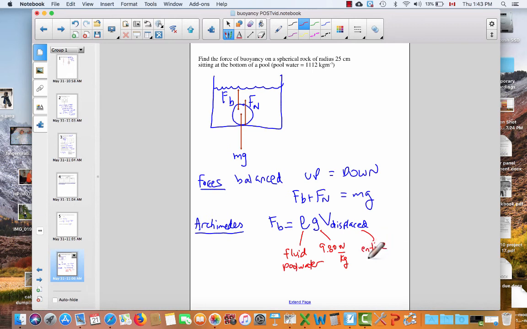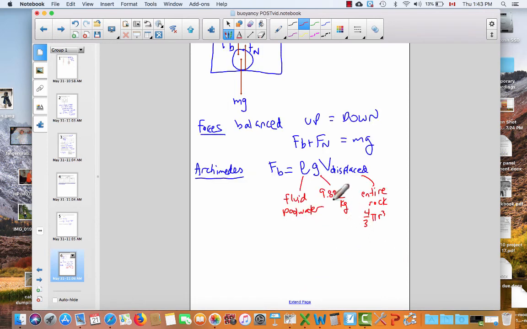So the entire rock is displacing water. And the rock is a sphere. And the volume of a sphere is 4/3 pi r cubed. And we're given the radius of the rock. So as a result, we can use this principle to calculate the buoyant force on the rock.